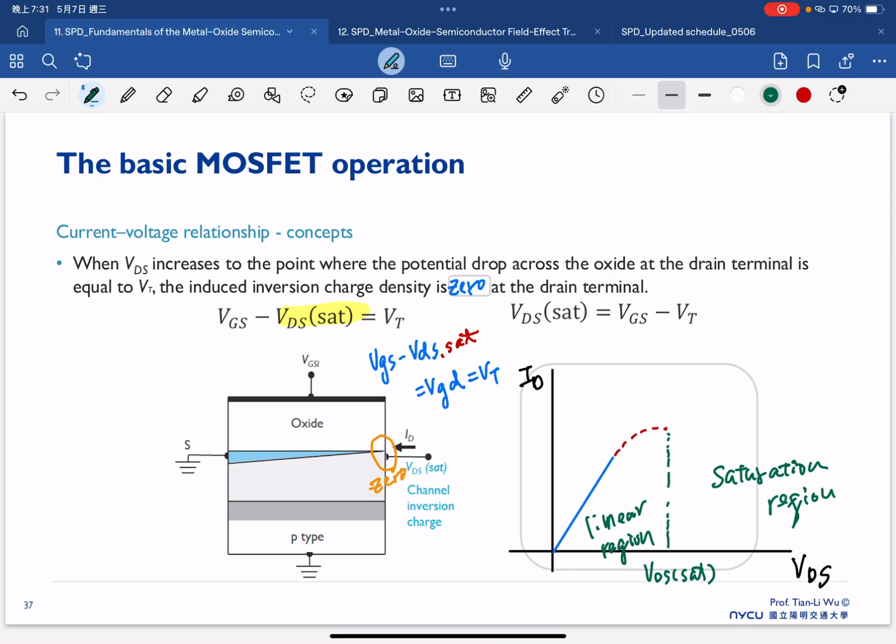Do we still have the current or not? Because at this moment, we already have zero charge. But now, if we keep increasing VDS, do we still have the current or not? So this is an issue we are going to discuss in the next slide.